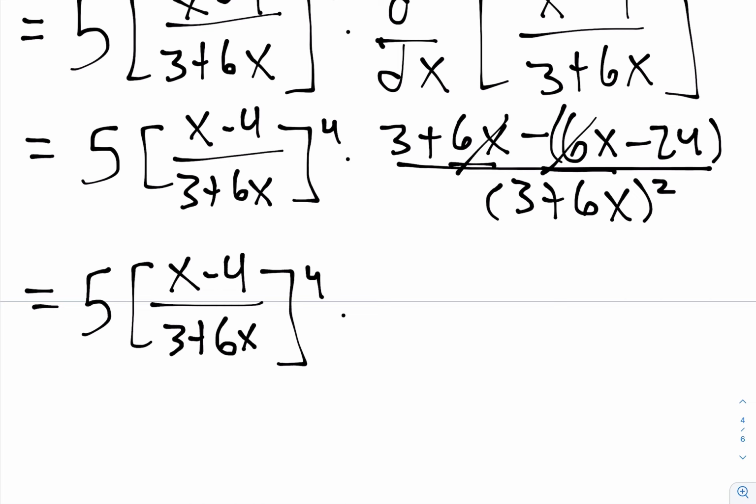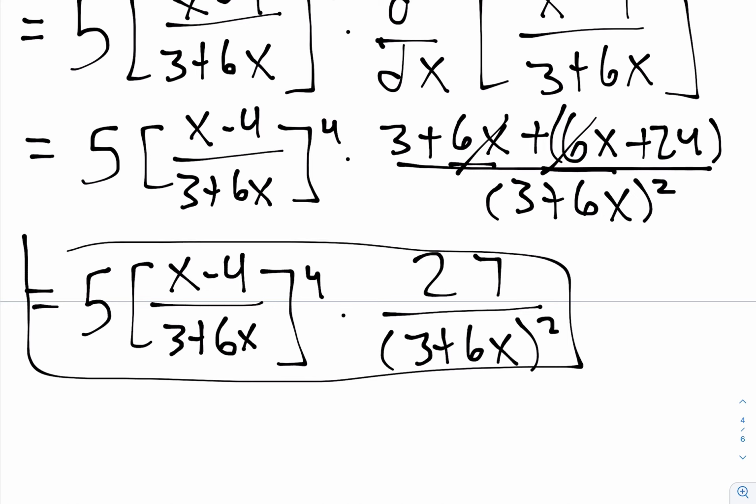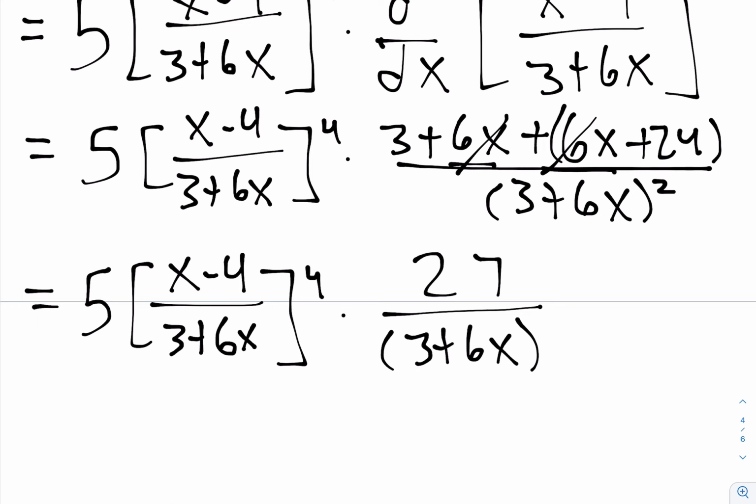We got 3 minus negative 24, so that's really going to become a plus. So the top's going to be 27, and we're going to be dividing by 3 plus 6x squared. So this is your solution here. We could expand it, do some manipulation, however we wanted, but that's kind of the main idea.